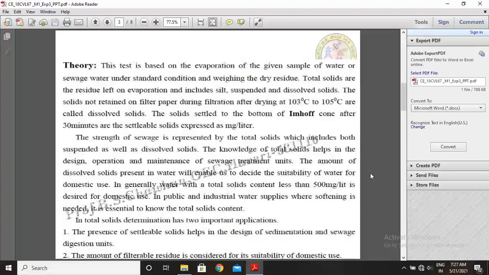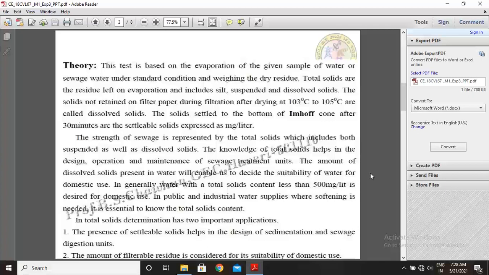The solids that settle to the bottom of the Imhoff cone after 30 minutes are the settleable solids, expressed as milligram per liter. The strength of sewage is represented by the total solids, which includes both suspended as well as dissolved solids.